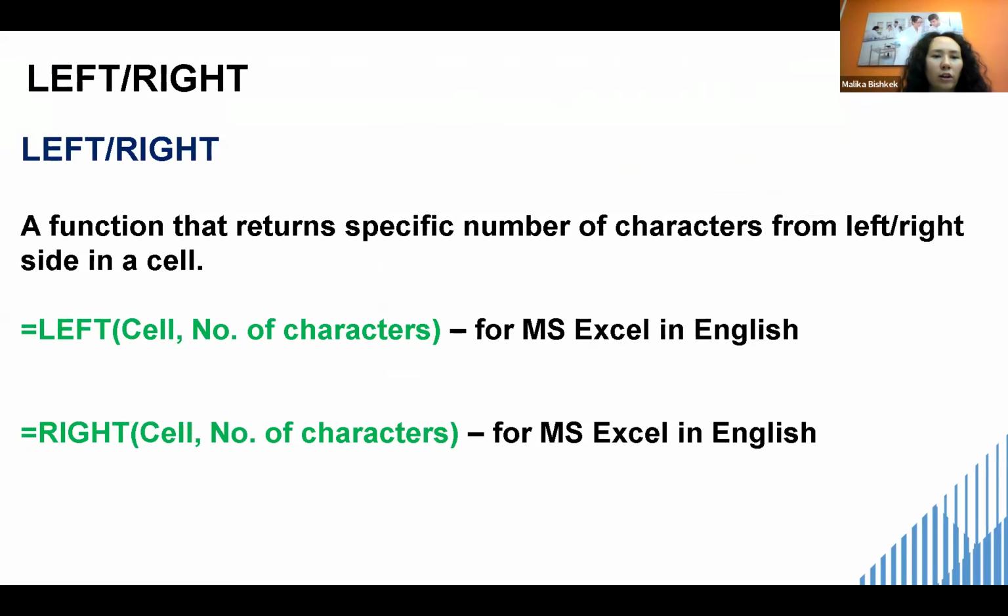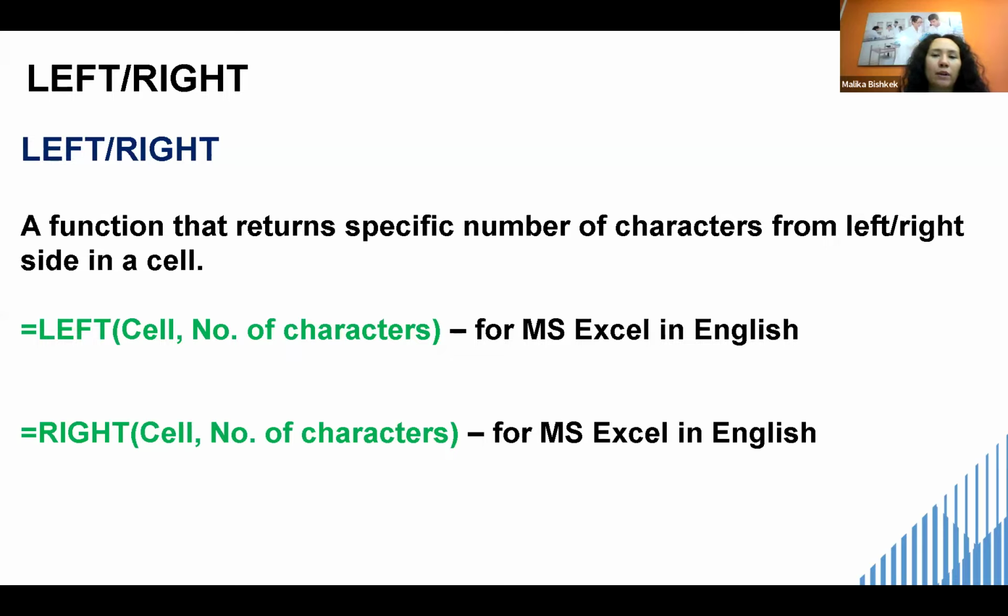Also, there is a function left, right, that returns a specific number of characters from the left or right side in a cell. So we just write equals left, cell, and then the number of characters we need.